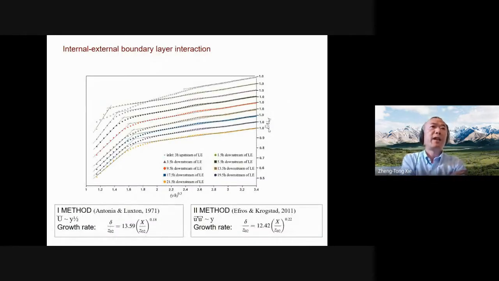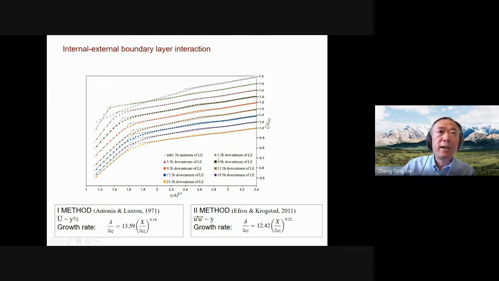So then we try to identify the interface of the internal boundary layer and external boundary layer. So from near the inlet to 3H upstream of the leading edge, this is a profile we give.